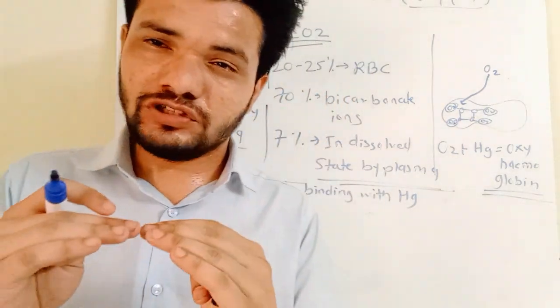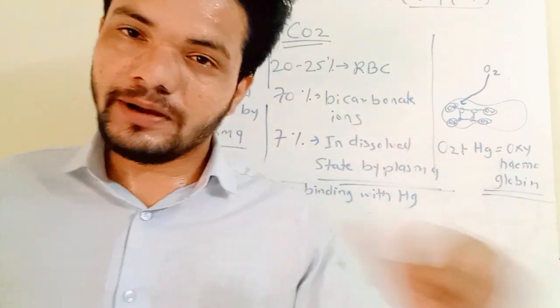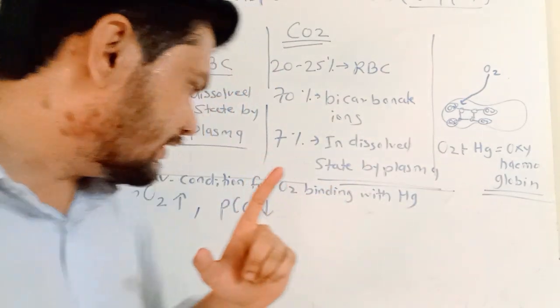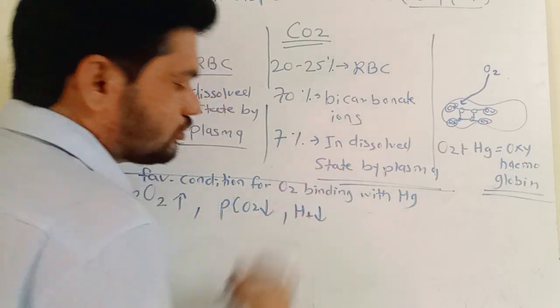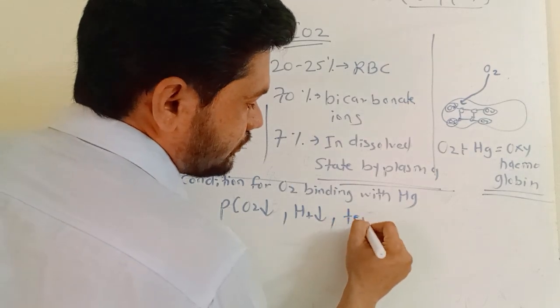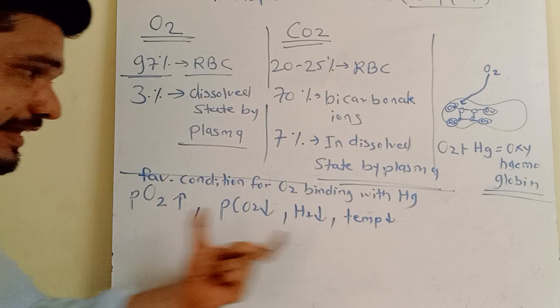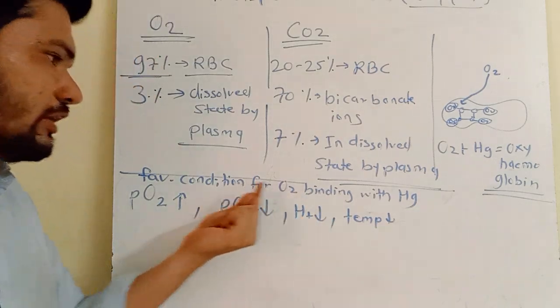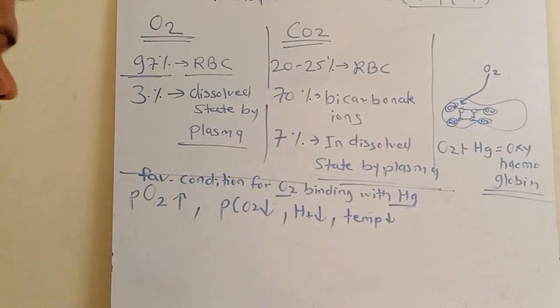So if the partial pressure of CO2 is high, then CO2 will bind to the hemoglobin. That should not be the case. Then the hydrogen ion concentration should be low, and temperature should also be low. Then and only then will oxygen bind to the hemoglobin. So these things you have to remember.